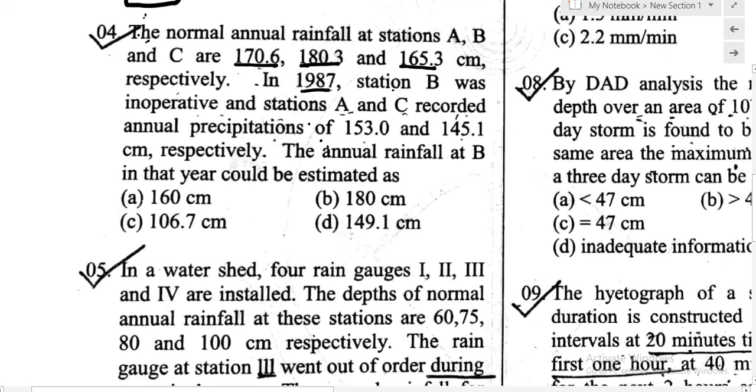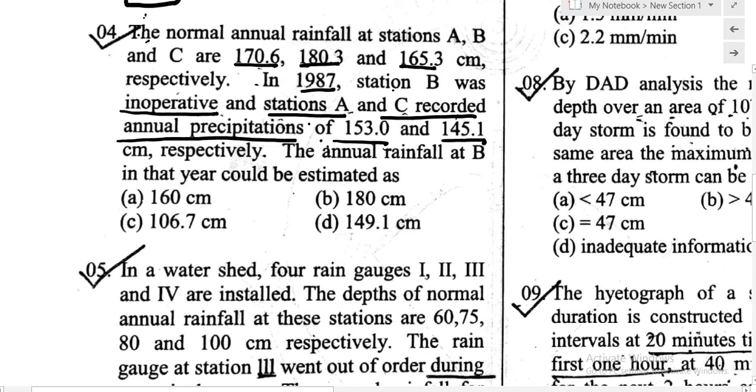In 1987 the station B was inoperative. The station B was not working in 1987, and stations A and C recorded annual precipitation of 153.0 and 145.1 centimeters. But B was not operating in that year, so B could not measure the precipitation.